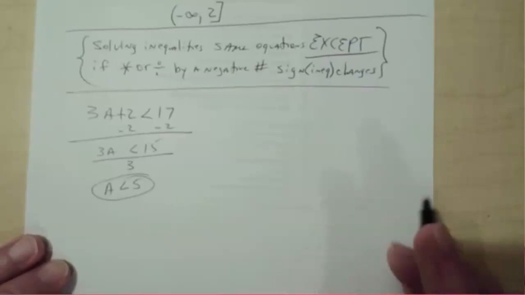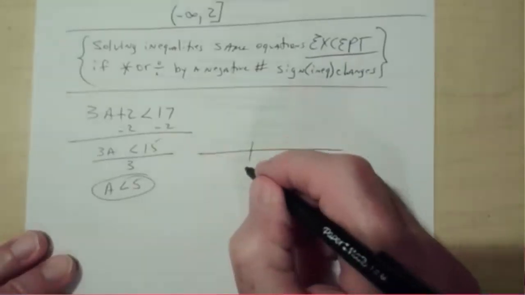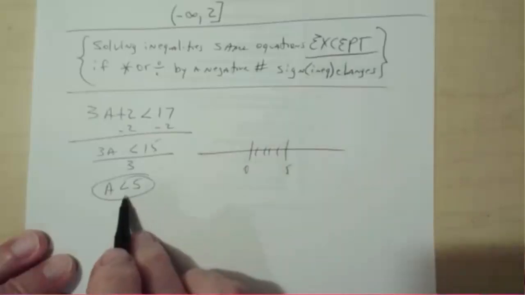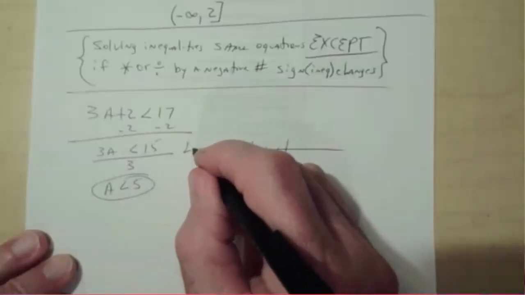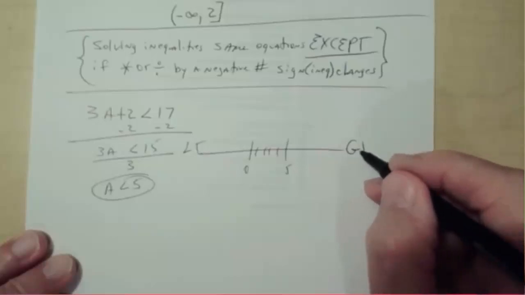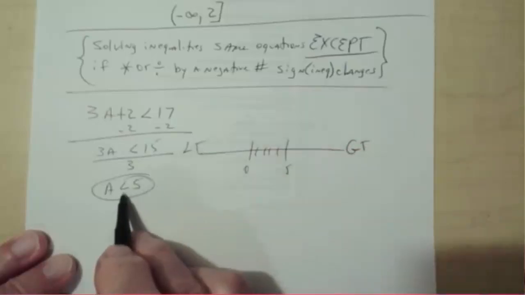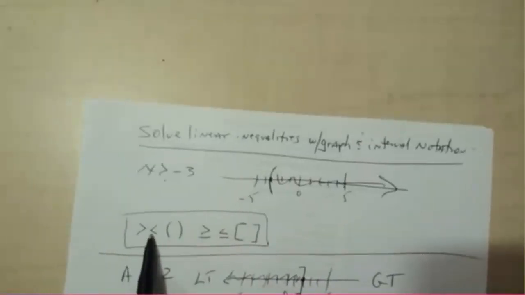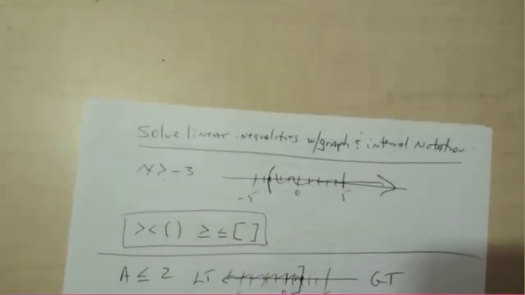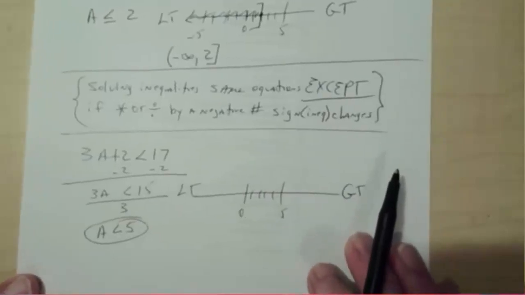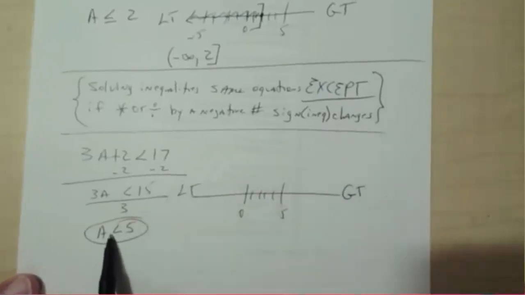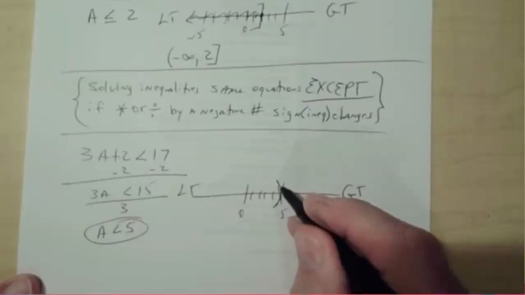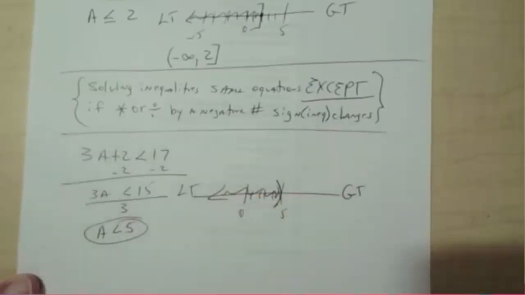And how would we graph that? 1, 2, 3, 4, 5. Okay, less than 5. Now remember, less than is this way, greater than is this way. And it's less than, so we're going to use a, where are we? Less than or greater than, we use parentheses. So a is less than 5, so we're going to use a parenthesis opening this way, goes forever.